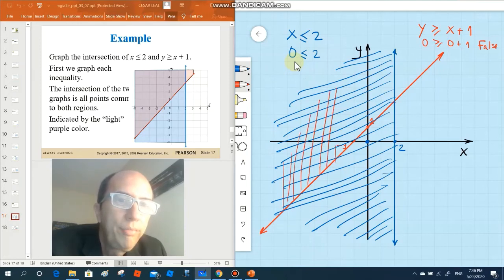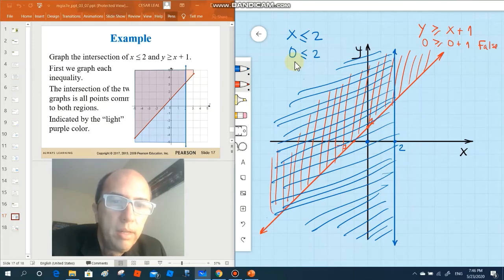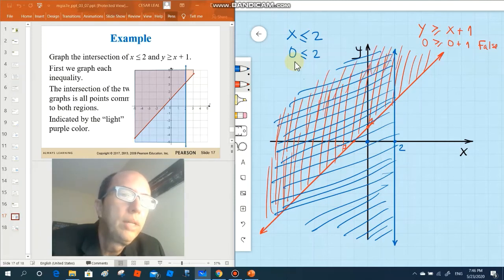And if you're kind of confused, try to draw these graphs on different pieces of paper with the same dimension, with the same scale, and then put one on top of the other, and try to see.